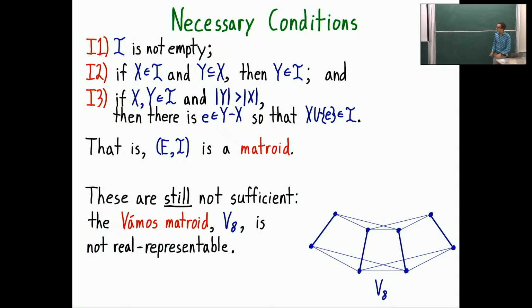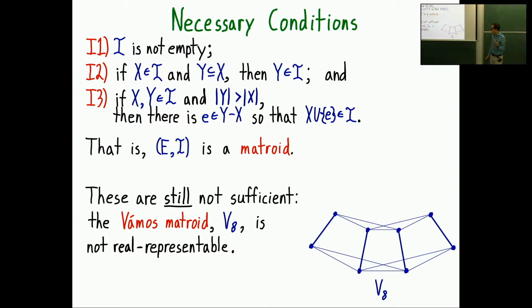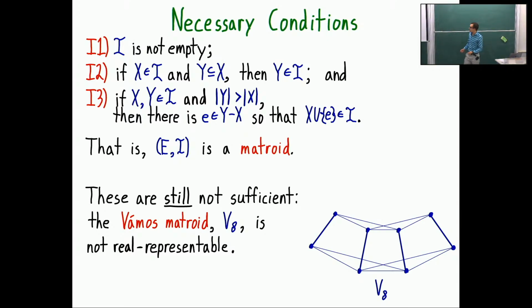If you think about it, this collection of conditions is still not sufficient. For example, the Vamos matroid doesn't have a real representation. Here I have 8 points, and 4 lines each consisting of a pair of points, and any pair of 2 lines is going to lie on a plane, except the one on the far left and the one on the far right.